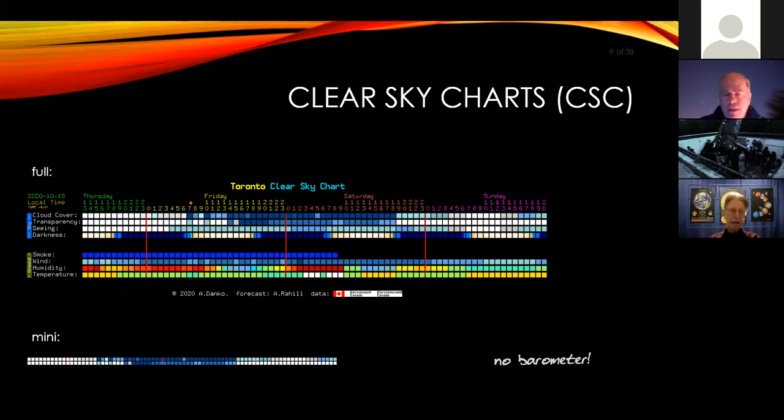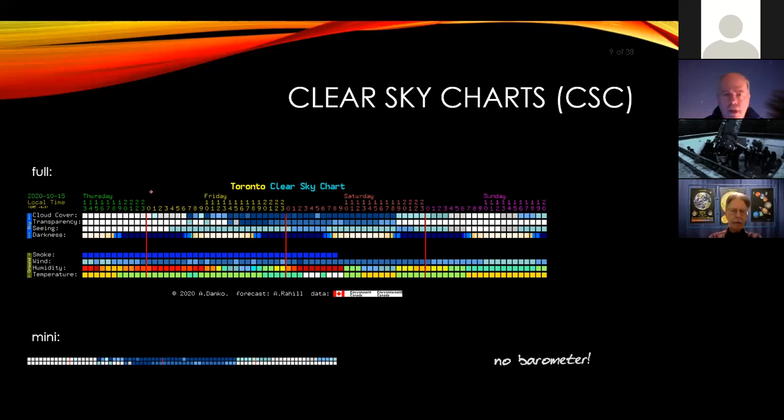And in the end, it's due to the type of data that the Canadian Weather Agency collects. And I'll talk specifically about that and show that there. But the clear sky charts are a product of Attila Danko. He was the one that envisioned these bar charts here.